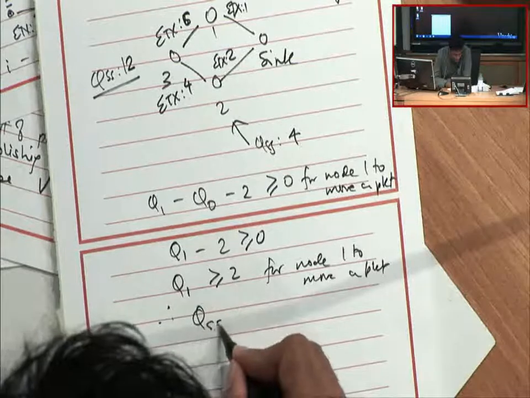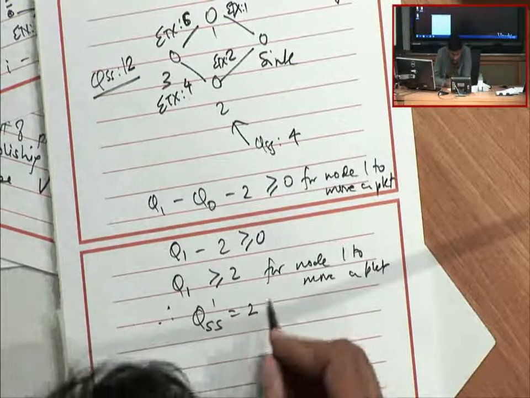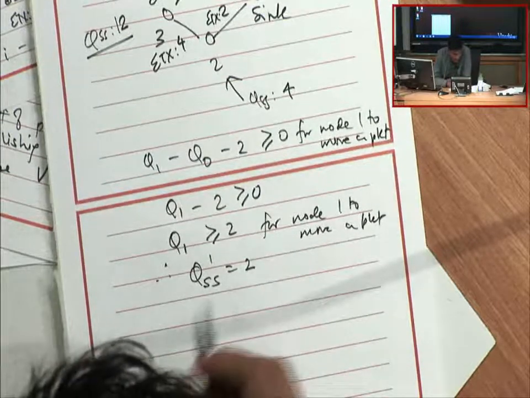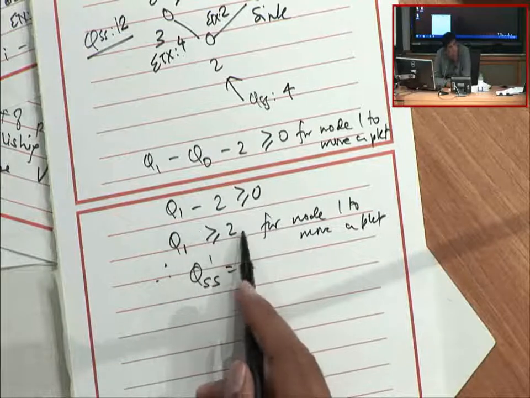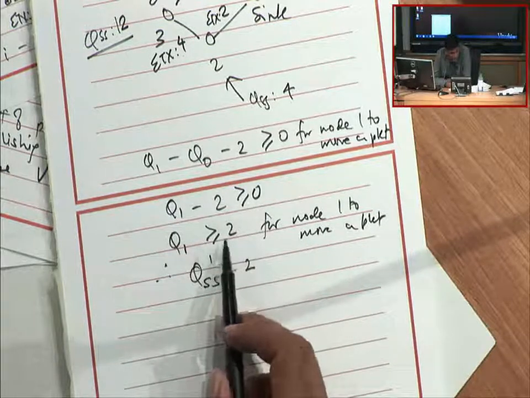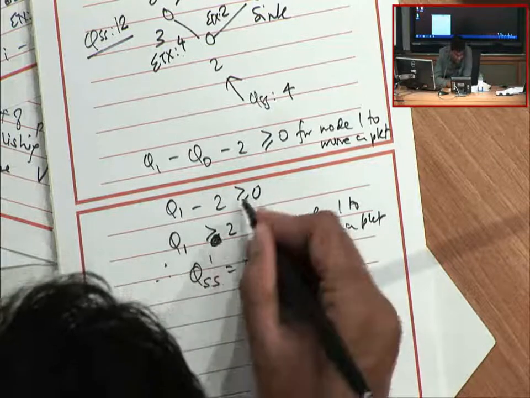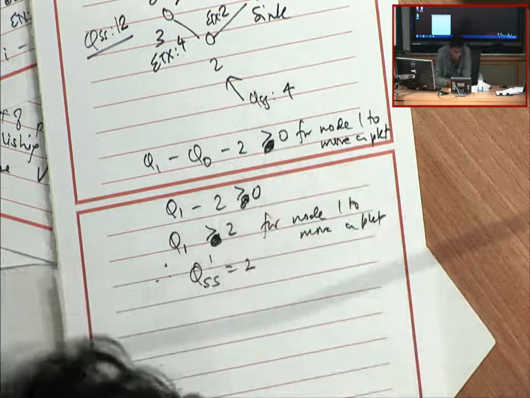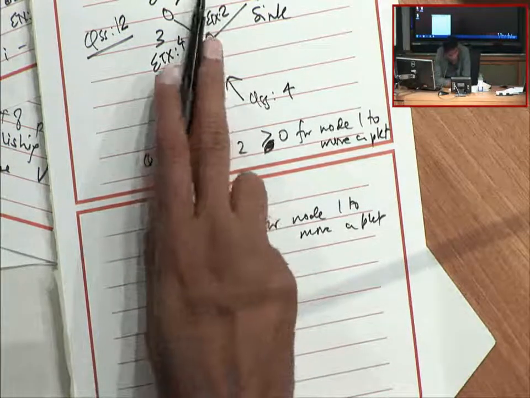Therefore, the steady state Q at 1 is equal to 2. Any number less than this, it won't move. Any number more than this, it will move. So for any number bigger than 2, a packet would have moved.